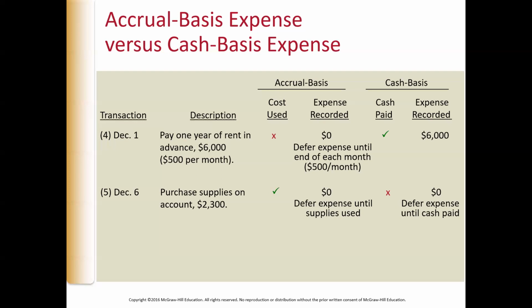But for a cash basis, if we would have paid the $2,300 at the time, we would have recorded it. However, since it was on account, there's nothing we'll do until we actually pay for those supplies. Then we treat it as an expense.